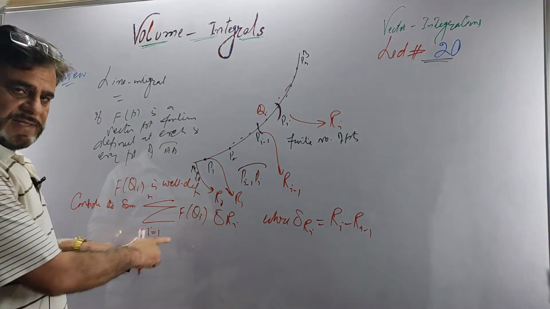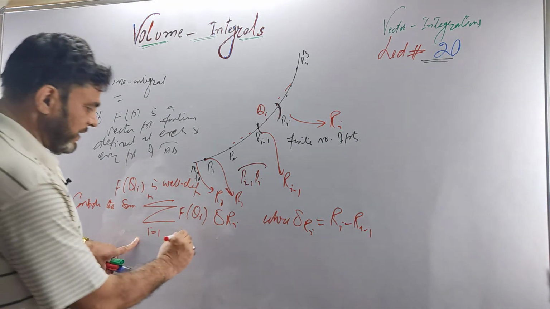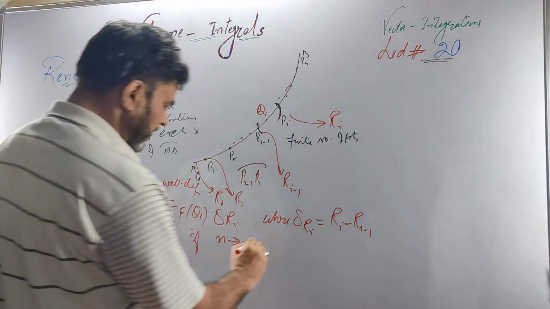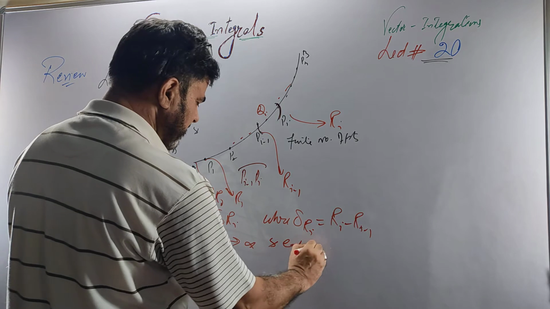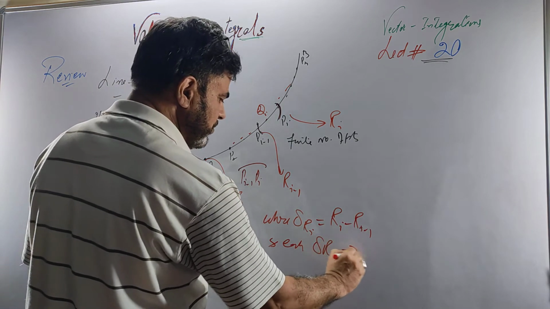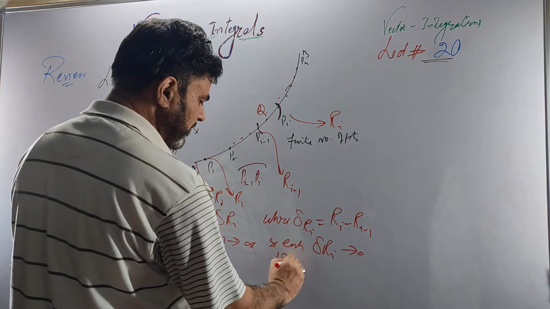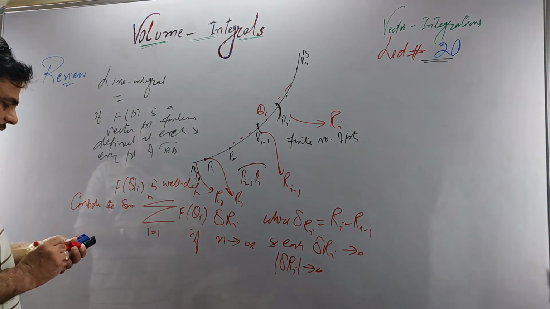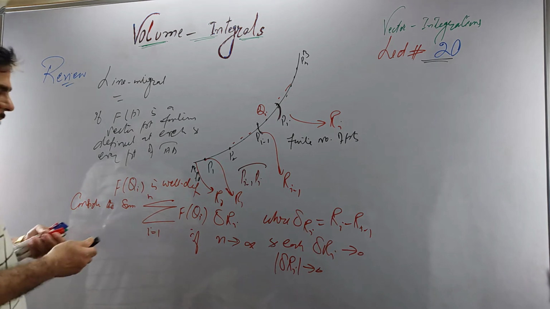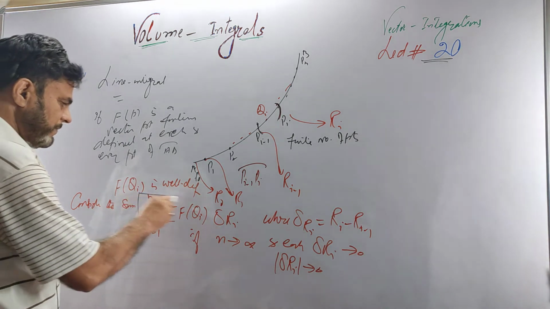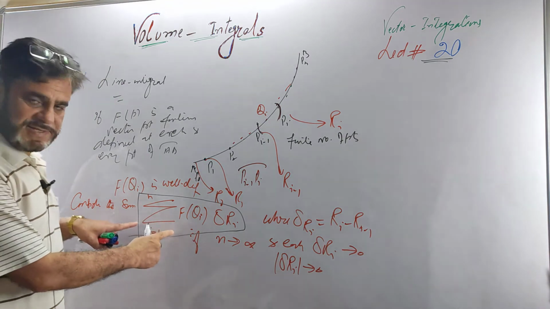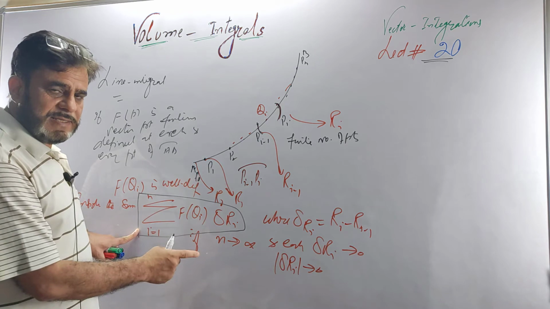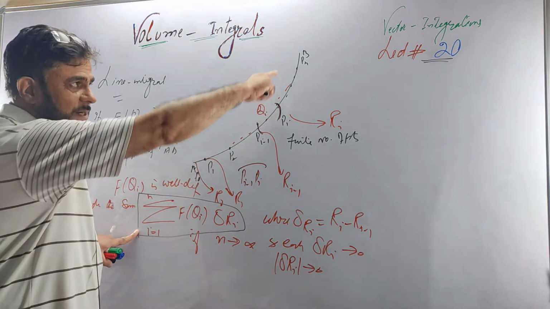We assumed here, this is the finite sum here, if n tends to infinity and each delta ri tends to 0, that is the magnitude of delta ri tends to 0, the limit of this sum exists. We said the limit of this sum exists when n tends to infinity, meaning you are making the infinite number of subdivision points.